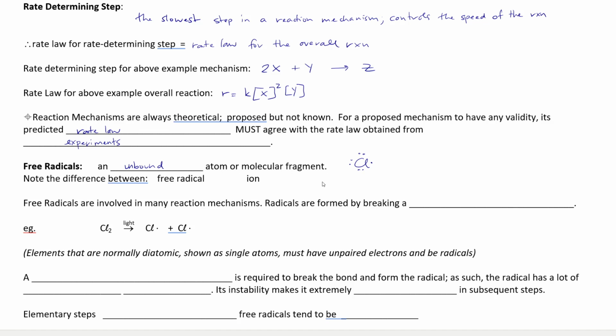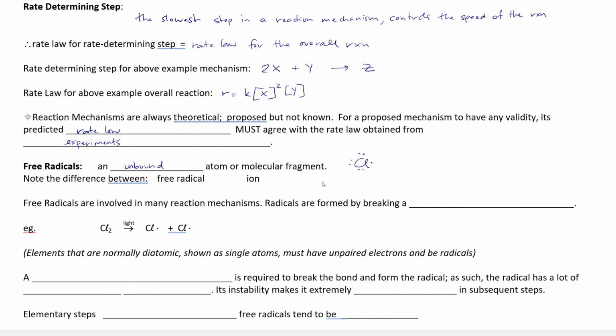And this would be a free radical because it has one unpaired electron, so it is seeking to bond with another atom by sharing an outer shell electron to complete its outer shell. So these are very unstable species because they have effectively an unpaired electron that needs pairing, right?